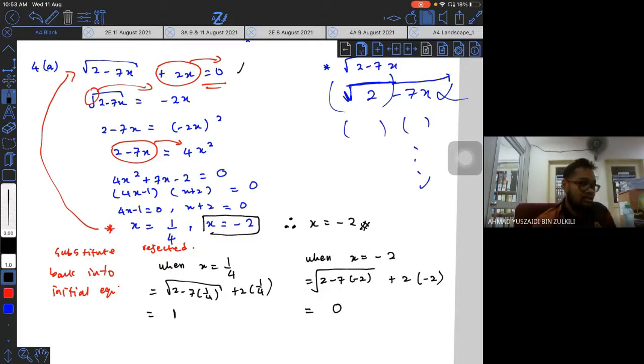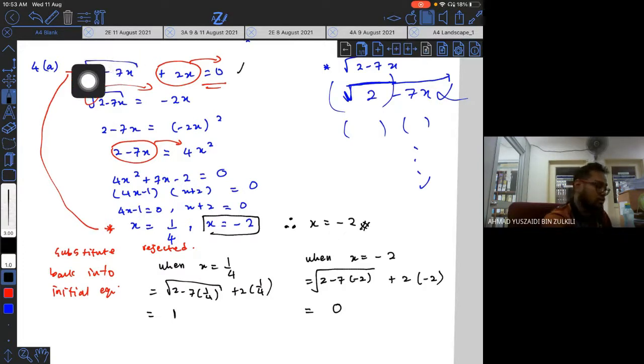Usually this doesn't happen. Usually both values of x satisfy the initial condition, but this time it didn't. I think it's because of the square root.